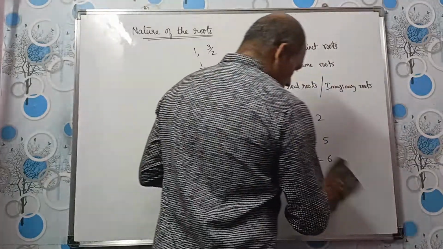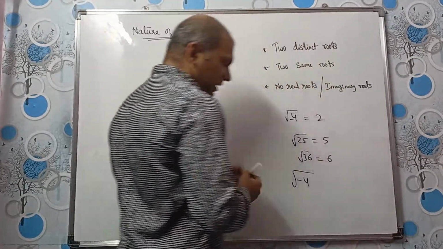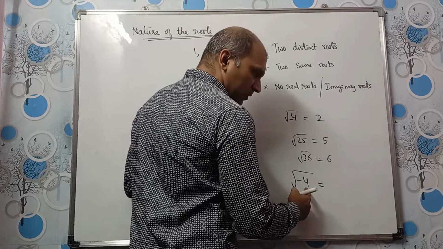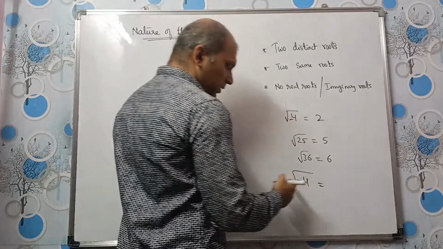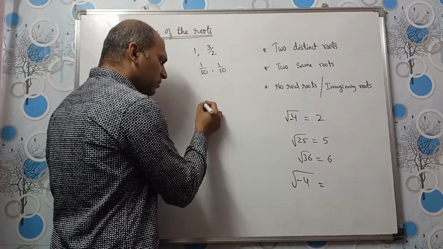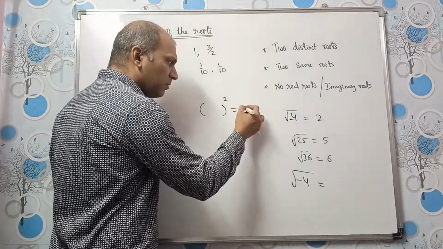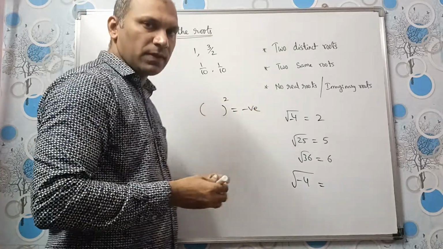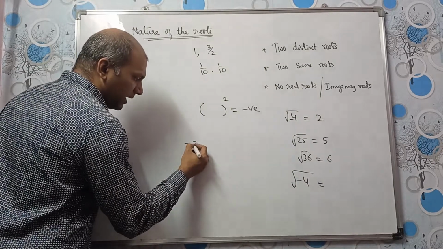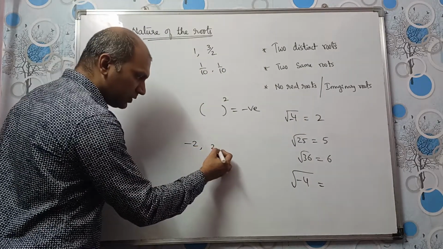So, what is an imaginary number? You see, an imaginary number is a number such that if you square it, you will get a negative value. You take any real number. Take minus 2, which is a real number. Take 2.